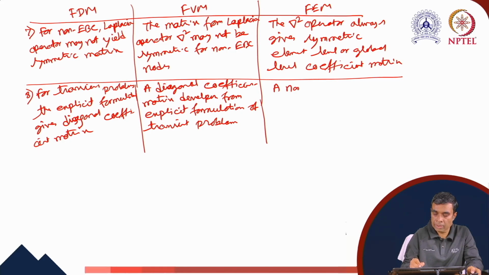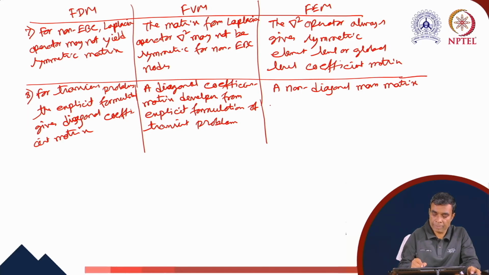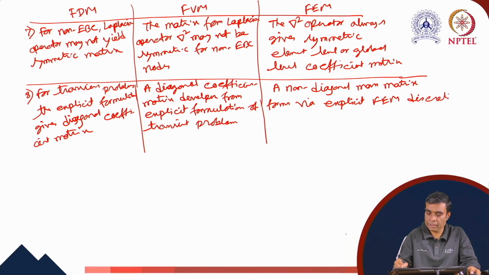In contrary with FEM, a non-diagonal mass matrix, we shall discuss it when it will come. A non-diagonal mass matrix forms via explicit FEM discretization of transient problems.